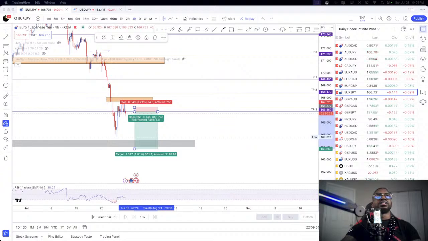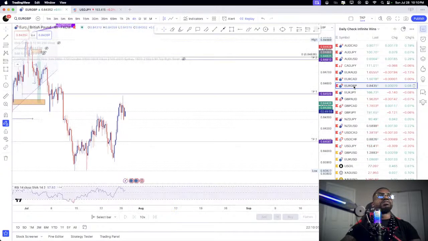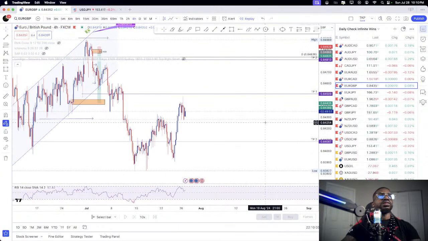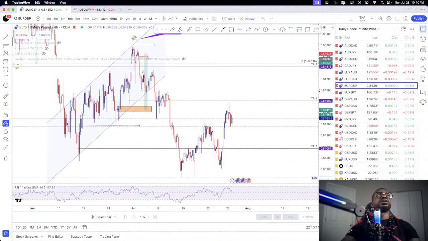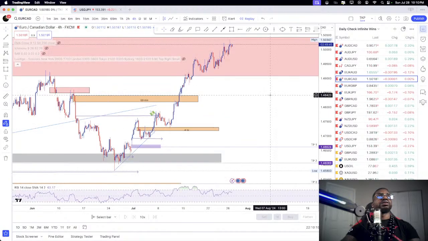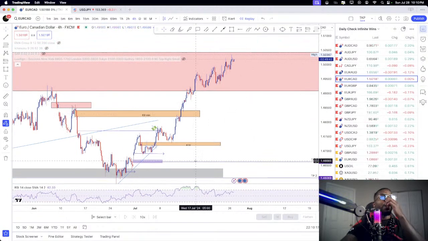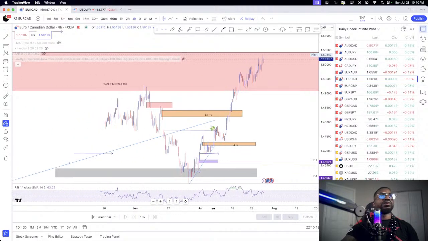And you have days like that where you look through everything that you would typically trade and you don't see a setup that's properly developed yet. Oh yeah, this looks good. We are not messing around with Euro pound. Cool. Euro CAD doing exactly what we wanted it to do.